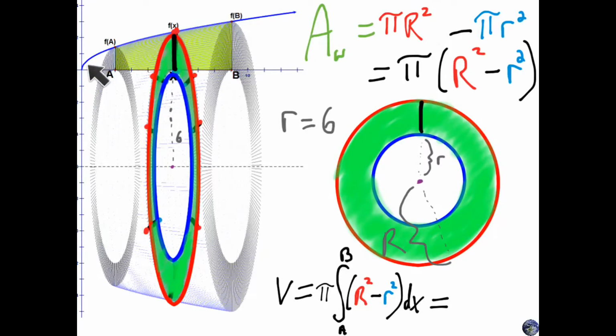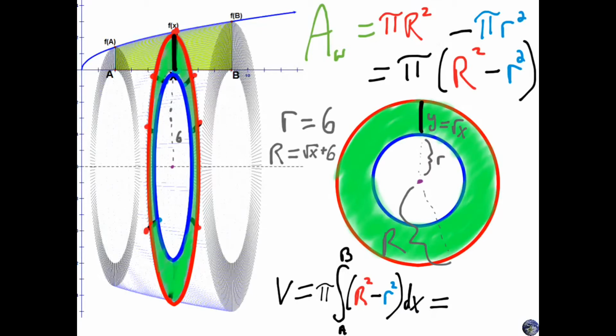This red dot was just on our function f of x. So our big R is just the y-coordinate there. In this case, our f of x was the square root of x. If this part is the square root of x, how are we going to get the entire big R? You can think of the big R as being measured over here, so it's just 6 plus the square root of x. That's going to be our big radius.